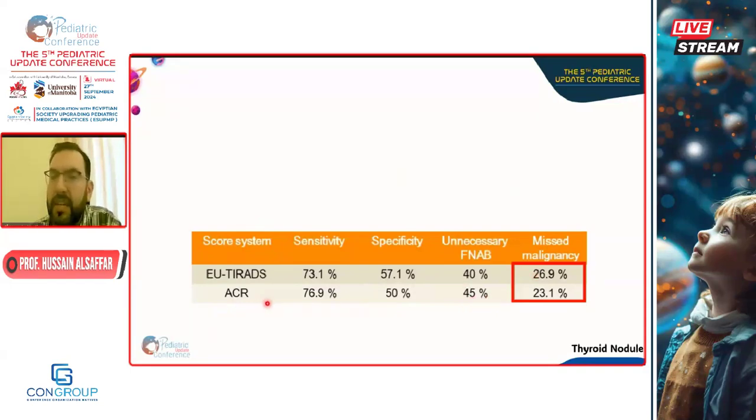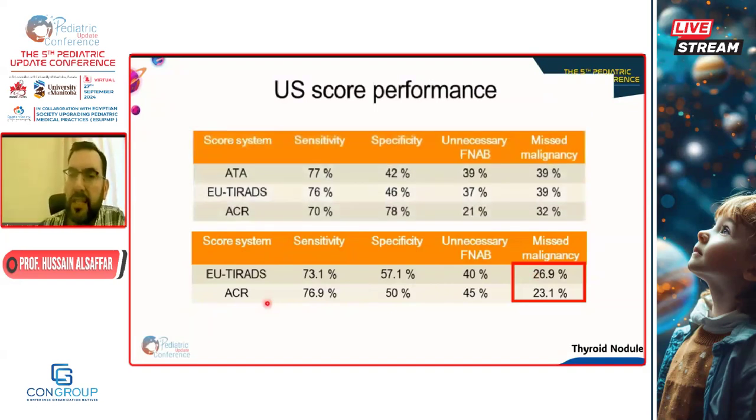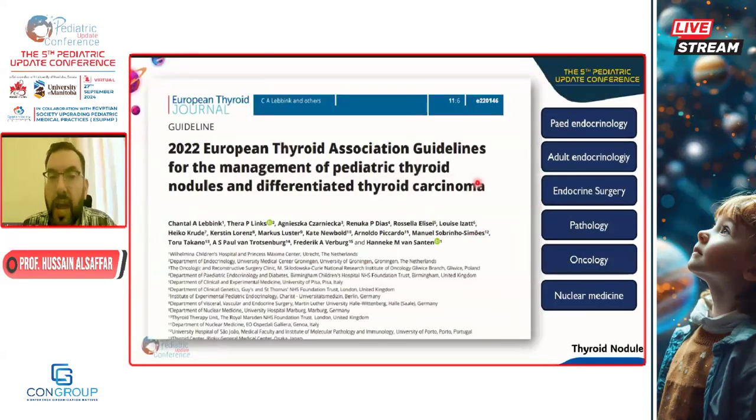So it seems there is a need for a different scoring system, not necessarily relying just on the ultrasound findings. Looking at malignancy in general between the American Thyroid Association, the European TIRADS, and the American College of Radiology TIRADS, about a third of the patients could have had missed malignancy, and more than a third had unnecessary fine needle aspiration biopsy. So that increases the need for validated data for pediatrics.